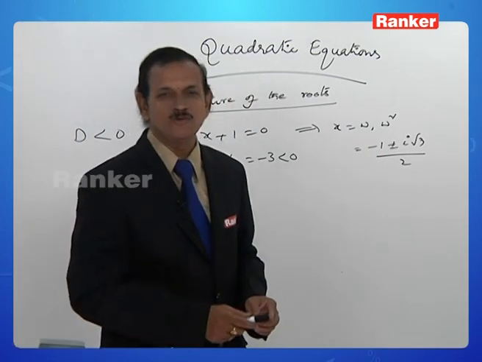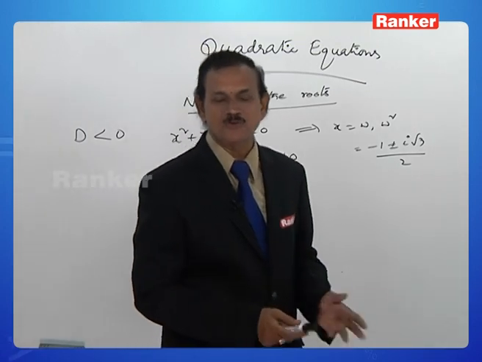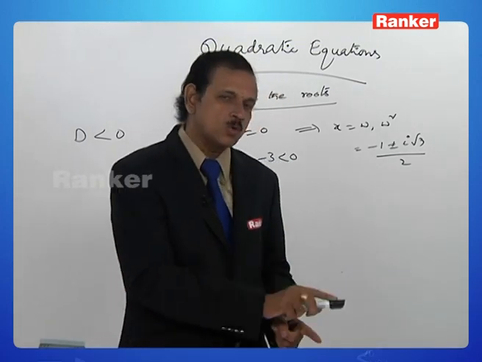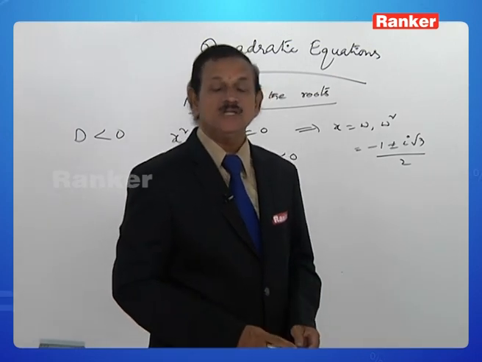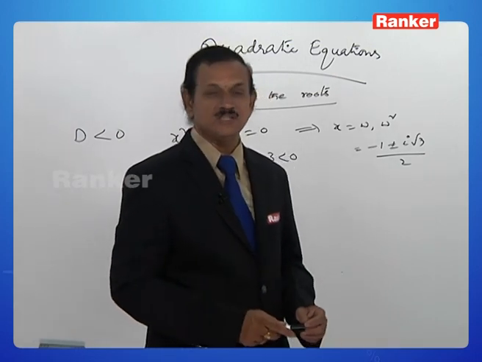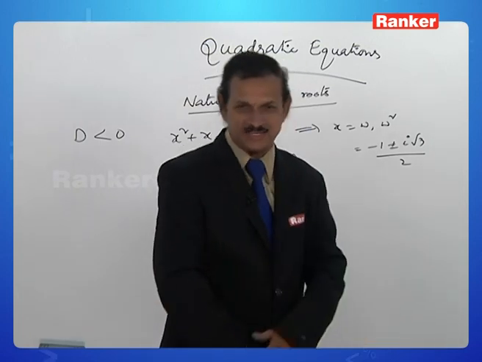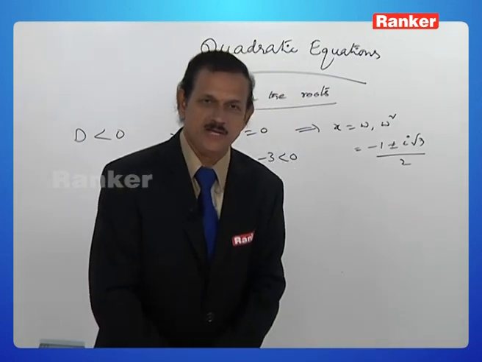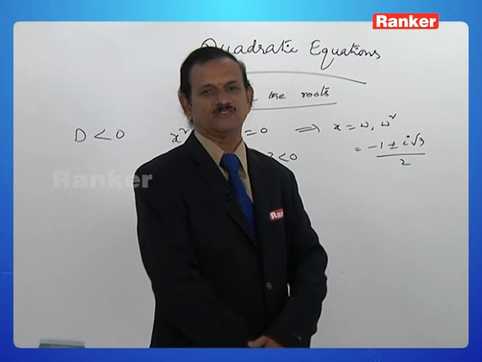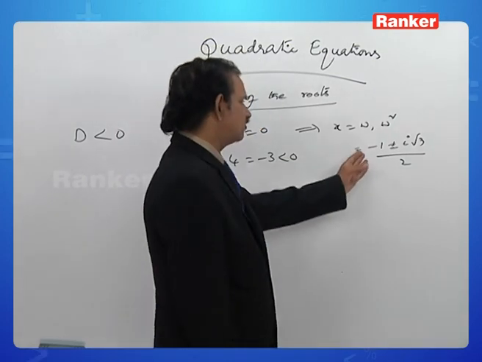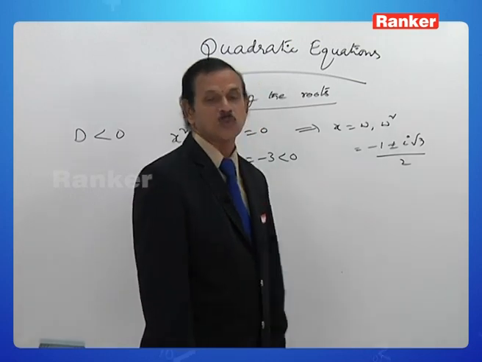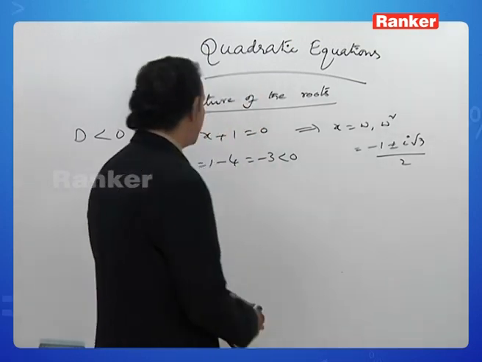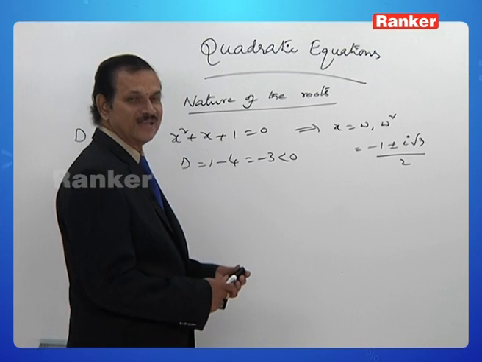You can observe no equation for which one root is real and one root is complex. It can never happen. If at all a complex root occurs, they occur in conjugate pairs. That is, if 2 plus 3i is a root, then 2 minus 3i is also a root. So minus 1 plus i root 3 by 2 is a root, implies minus 1 minus i root 3 by 2 is also a root. This is the nature when D is less than 0.